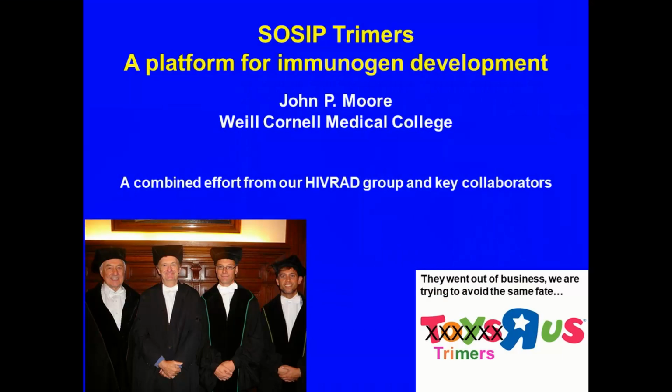We may not succeed, but that is our goal. And I'm going to tell you about what we call SOSIP trimers, which are a platform for immunogen development. They are a protein system that we can modify to try to improve the immunogenicity of the envelope glycoprotein trimer.